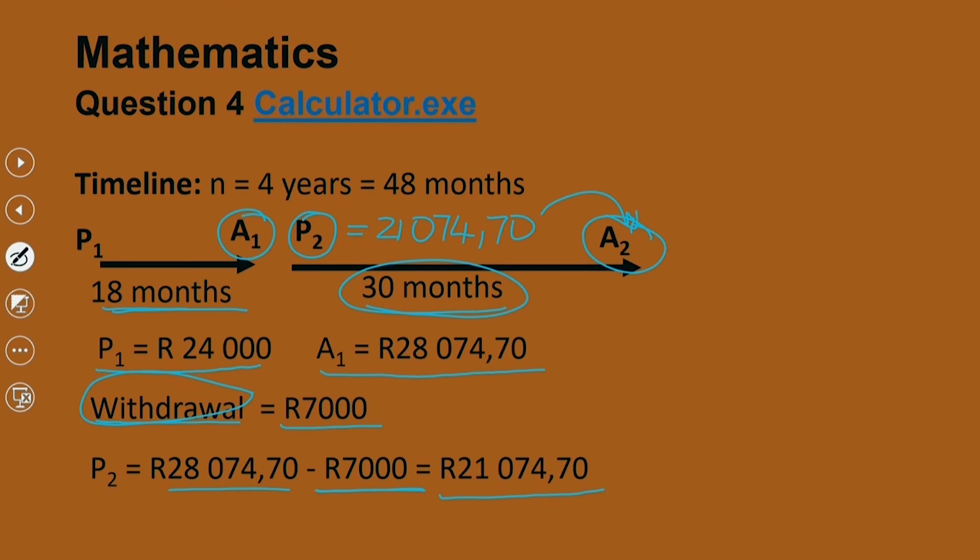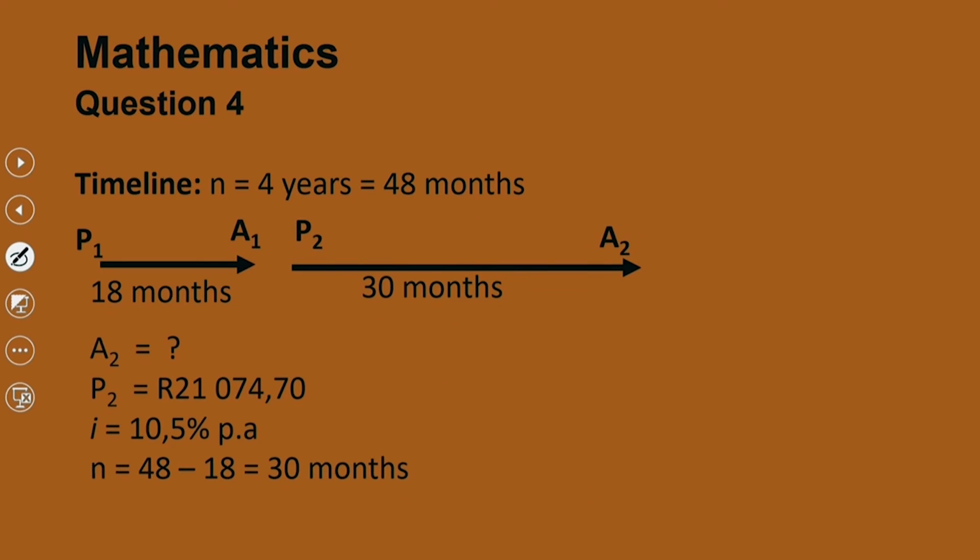Are we together? So we proceed. In order to do that, we don't know the value of A2. Do we know the value of P2? Yes, we've calculated that, and that is 21,074.70. Do we know the value of I?